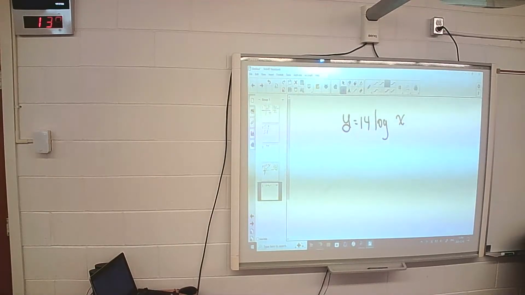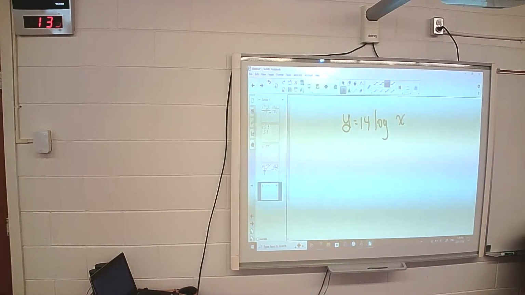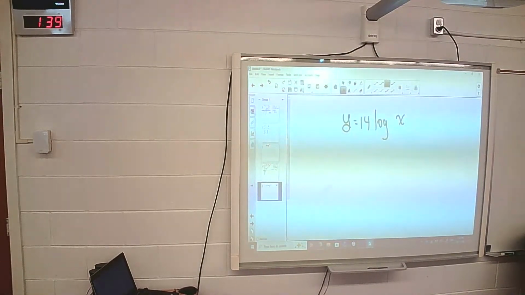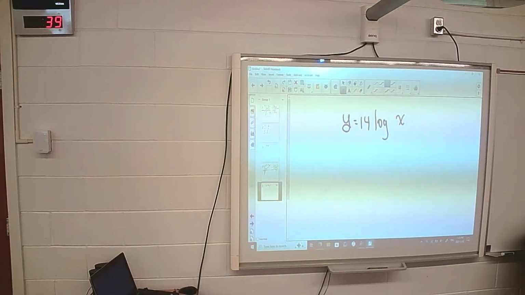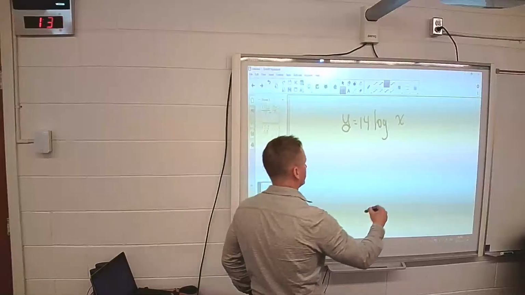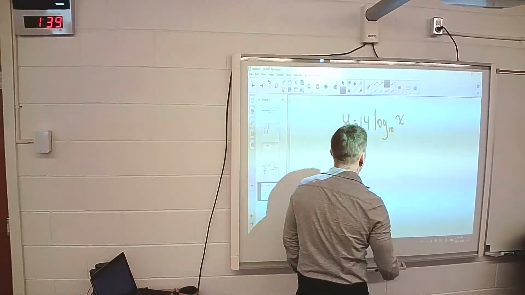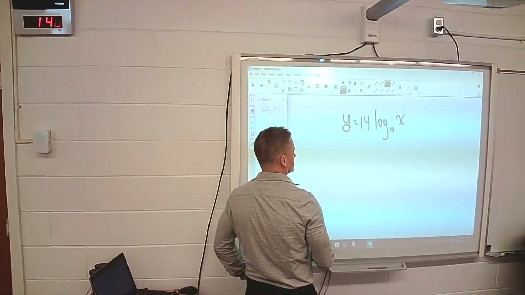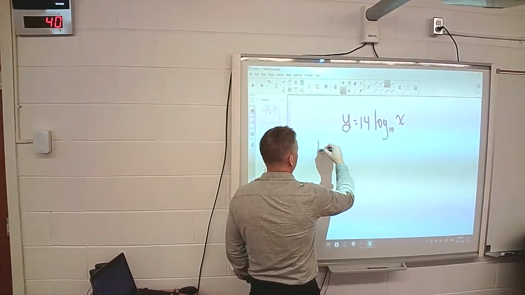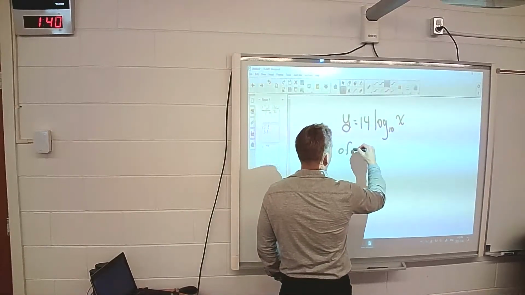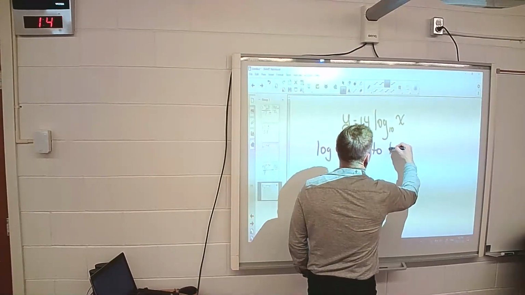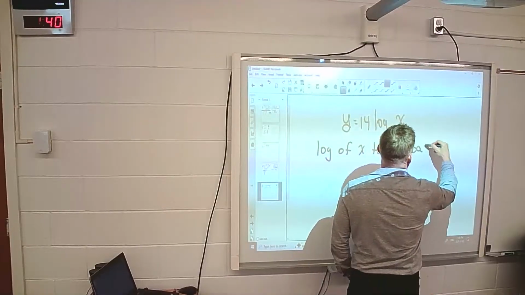The base value for this is 10. If there's no little number subscript written in there for a base value, the base value is 10. So how I read this is this. That is the log of x to the base 10.